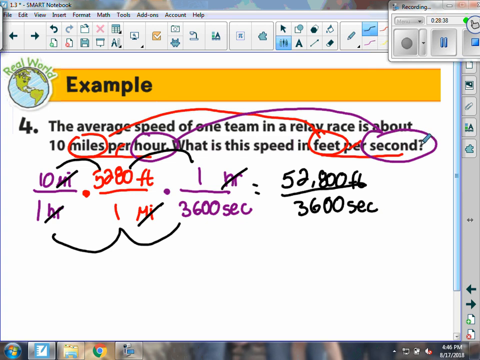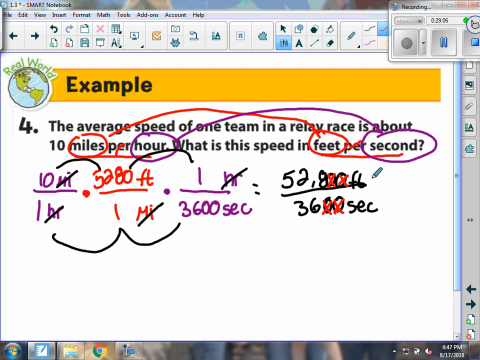Now we need to simplify this, because this is a division problem. But I really don't want to divide this big number by this big number. That's kind of confusing. So here's a little trick. These both end with zeros. Because of that, I can get rid of 1 zero there and 1 zero there. That is the same thing as dividing both of these by 10. But if you look, they both have another 0, so I could do it again.